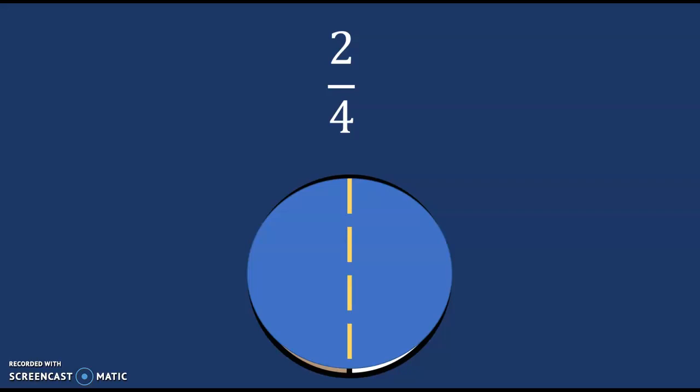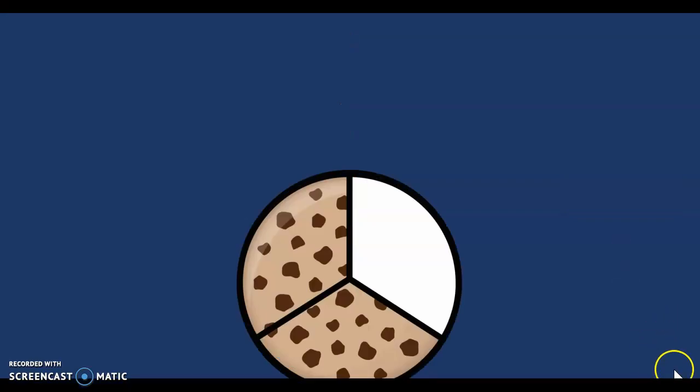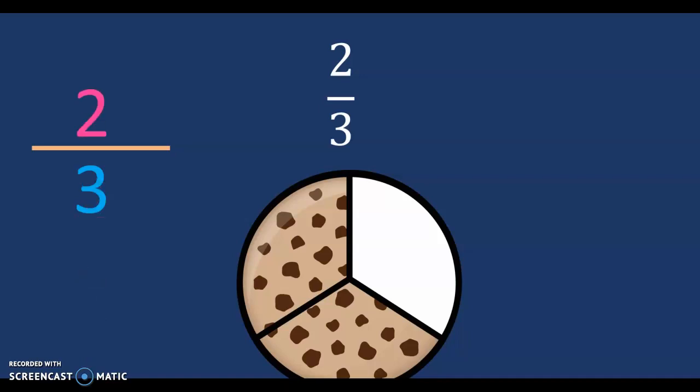Or we could say, if it's a circle cut in half, there is 1 out of the 2 pieces there. So we could say there is 2/3. There are 3 equal pieces to still have a cookie.